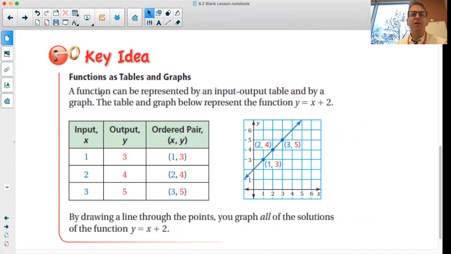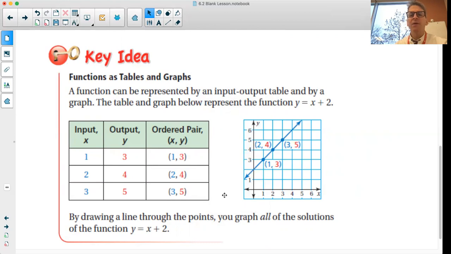A function can be represented by an input-output table and by a graph. So basically what they're saying is the function can be represented by a table, which is on the left here. It's got the X column, the Y column, and the ordered pair column.